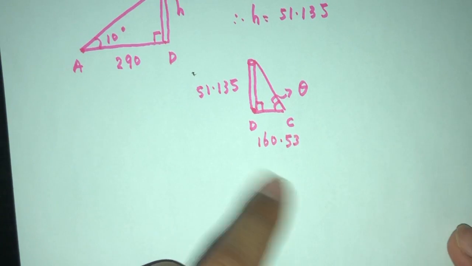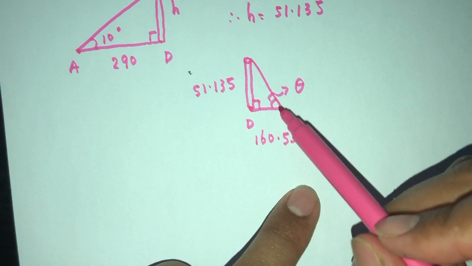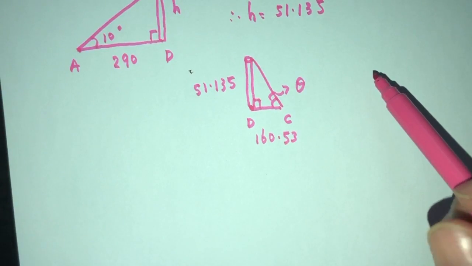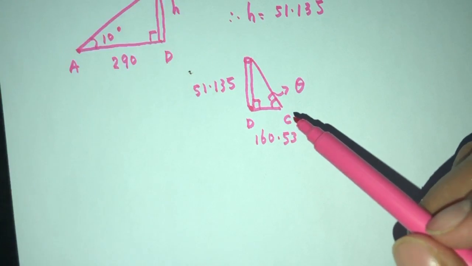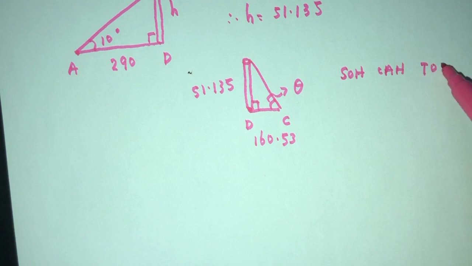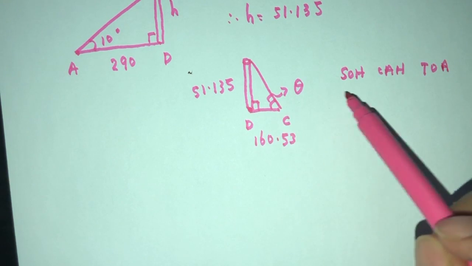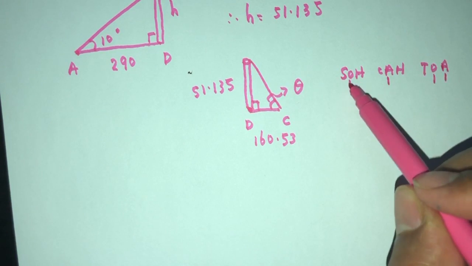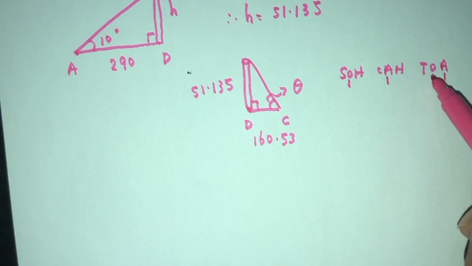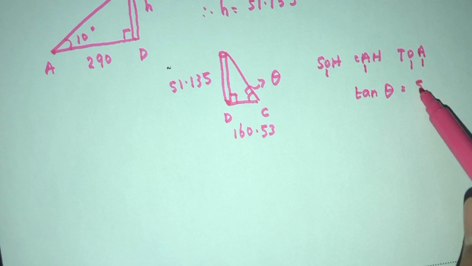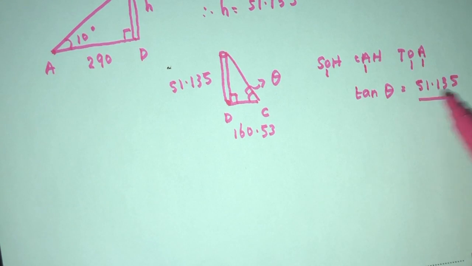So the value of x right here will be 160.53. Now, finally, to find this angle, again, we have to use SOHCAHTOA. Here we have this side and this side. So this is the A side, this is the O side. We take tan of the angle, which is the O side, 51.135, over the A side.